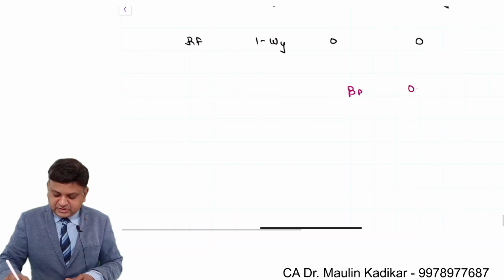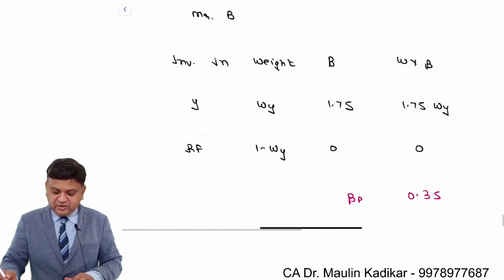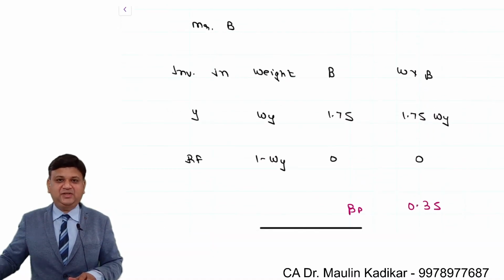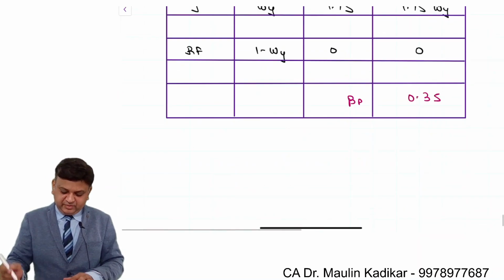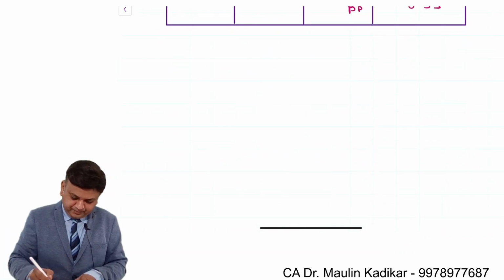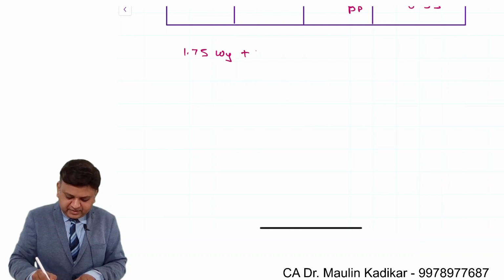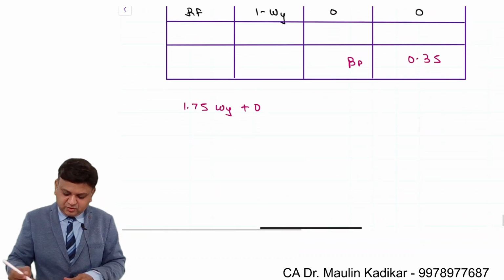So this will be taken as 0.35, and weight of Y will be calculated as a balancing figure. It is 1.75 weight of Y plus 0 is equal to 0.35.